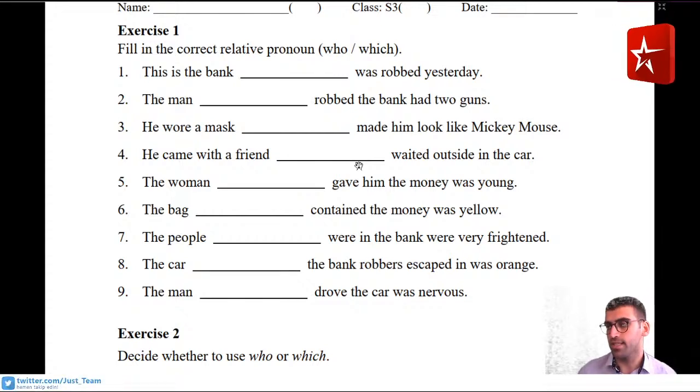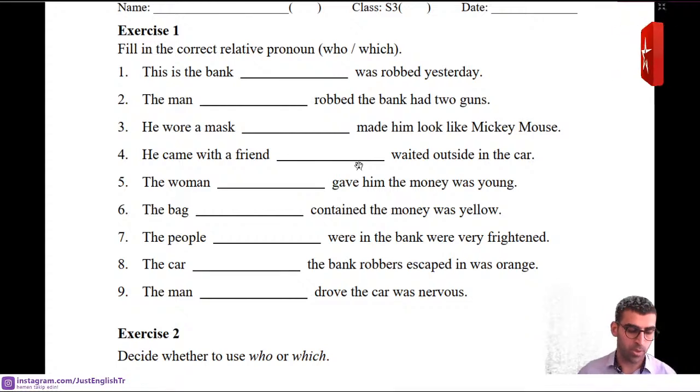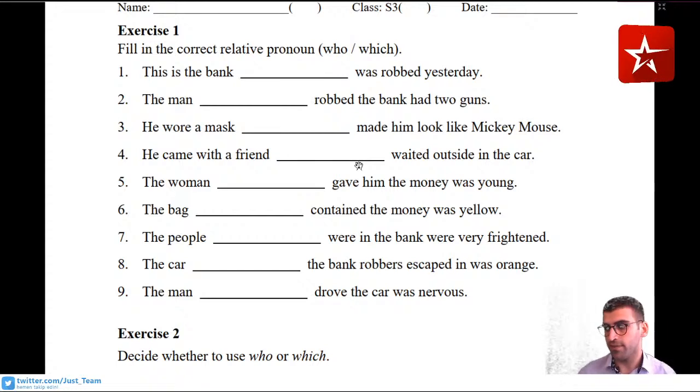We have 9 sentences and we have to choose one of them, who or which. This is the bank. Bank is not a person. So as you know, if we are talking about a person, we have to use who. But if we are talking about a place or thing, we can use which or where.